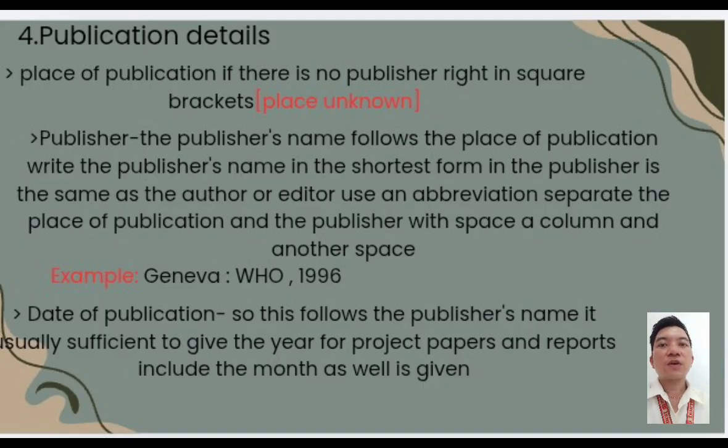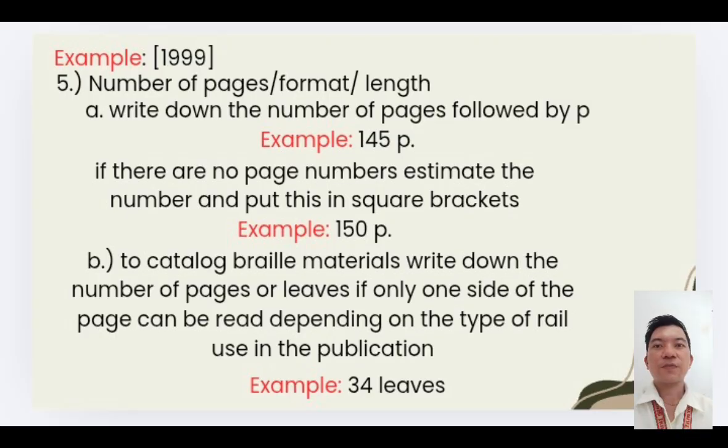Next is the date of publication. This follows the publisher's name. It is usually sufficient to give the year for project papers and reports. Include the month as well if given. Above number 5 is a sample of the date of publication.